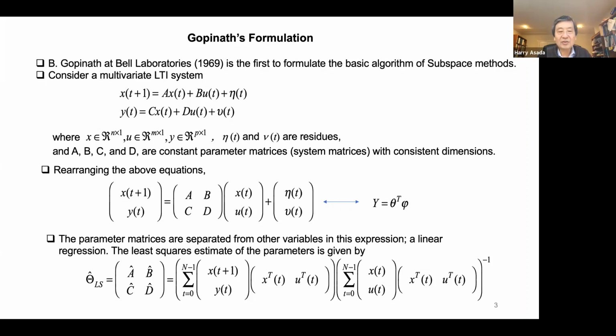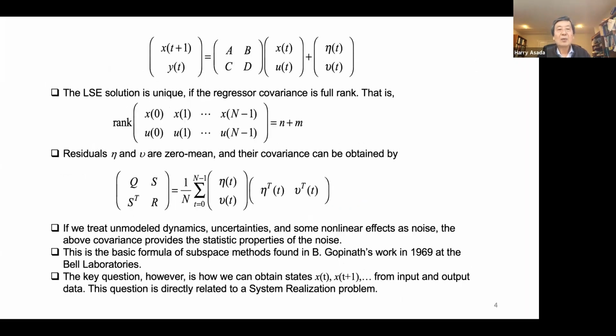And also interesting, first of all, the very important point is that if you collect the data, which is basically persistently exciting, you are guaranteed to get the optimal one, convex optimization.